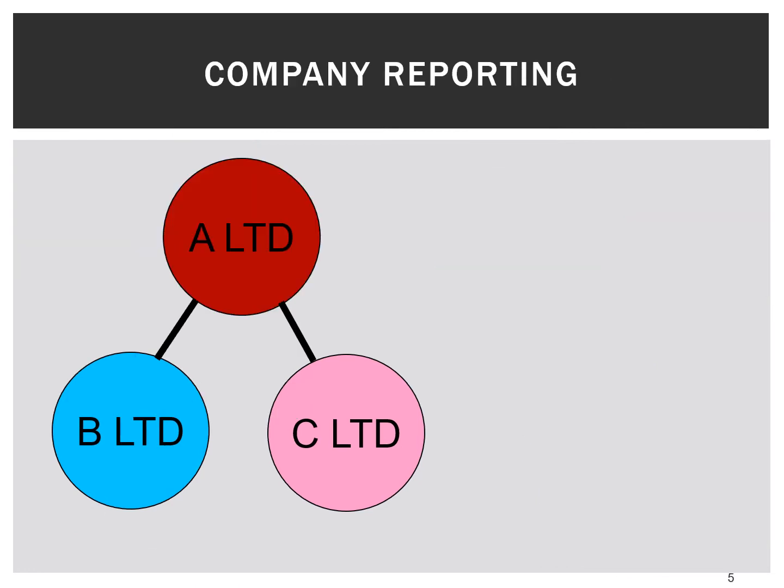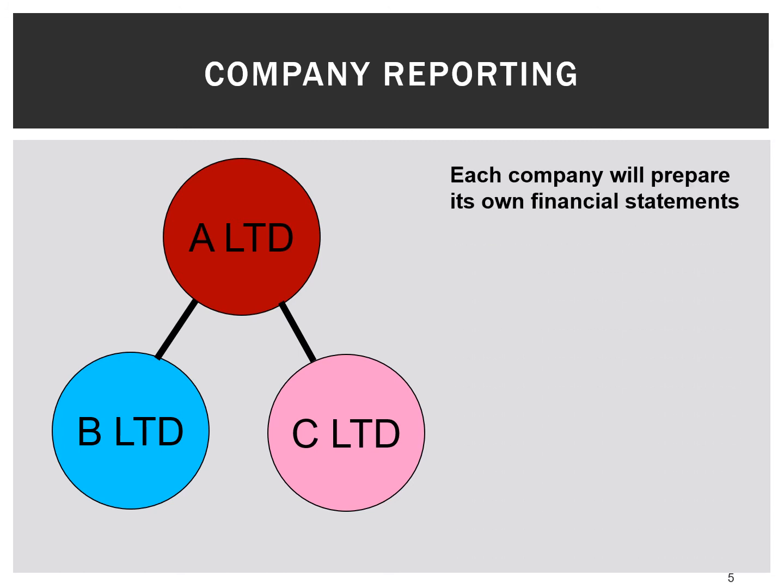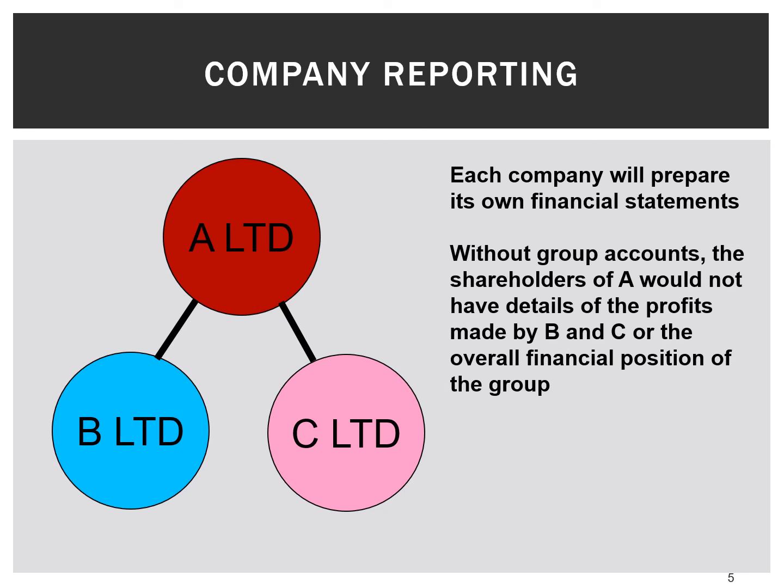So here we have a small group of companies, parent company A Limited and two subsidiary companies, B Limited and C Limited. Now each of those companies, because legally it's a separate entity, each of those three companies will produce its own financial statements, and they'll be filed at Companies House as with any other company.